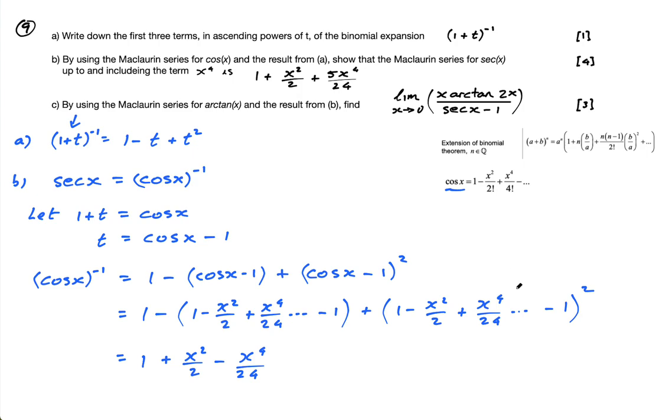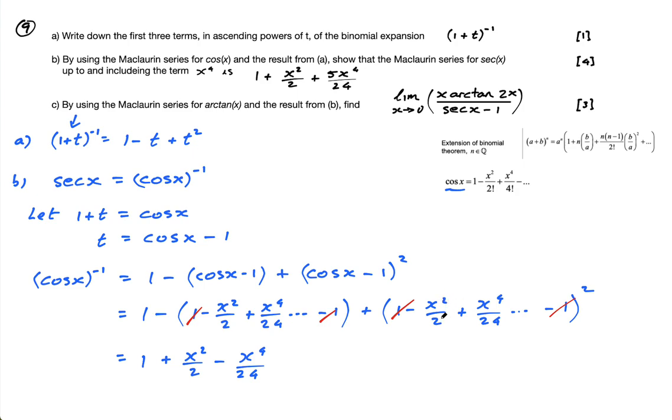Once I multiply this x to the 4 term by anything else, because remember the ones are gone, these are gone, and these are gone, it becomes at least an x to the power of 6 term. So I can basically ignore that.